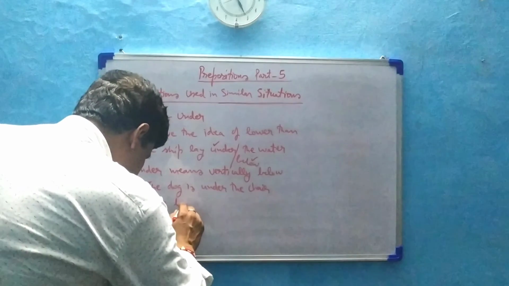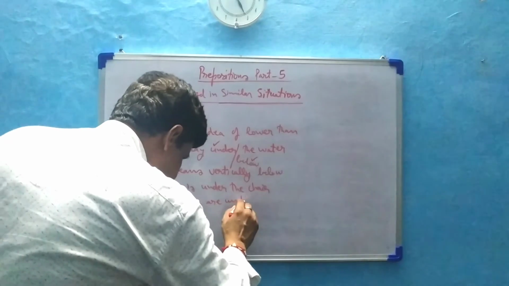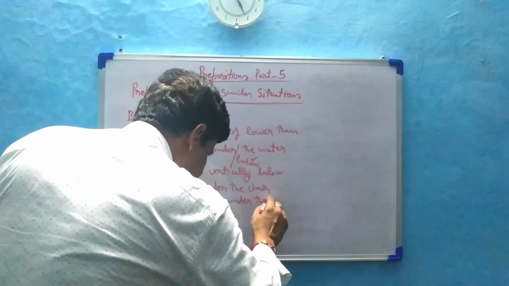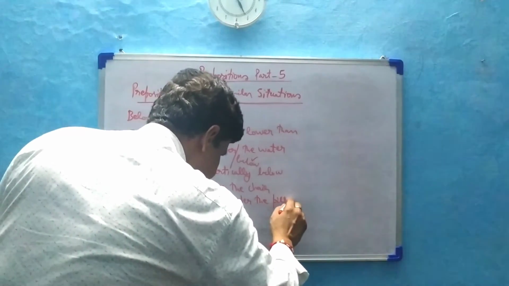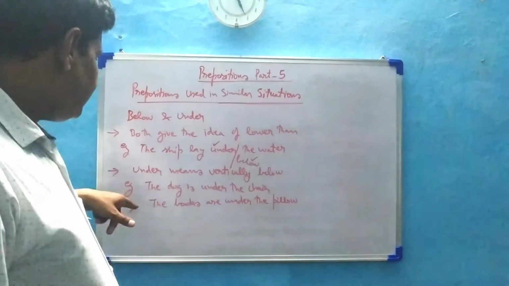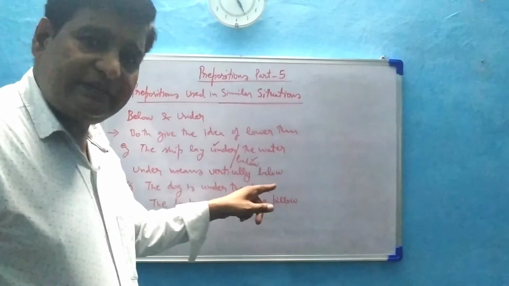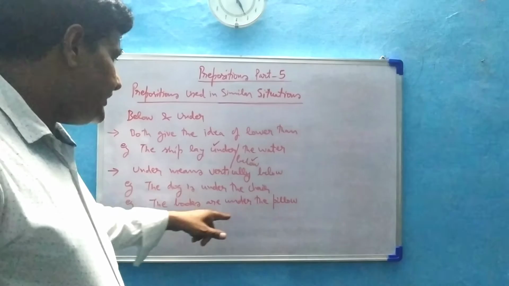The books are under the pillow. So that is the difference. Under means vertically below.